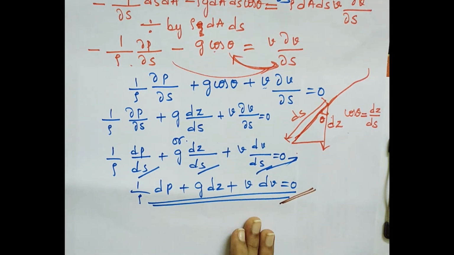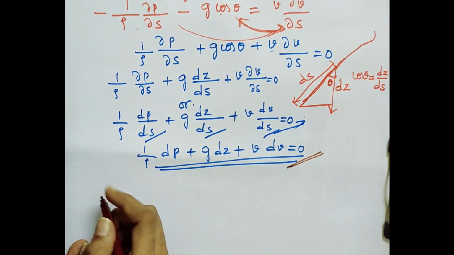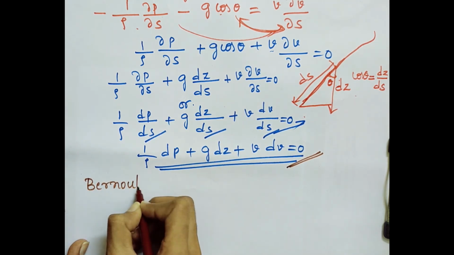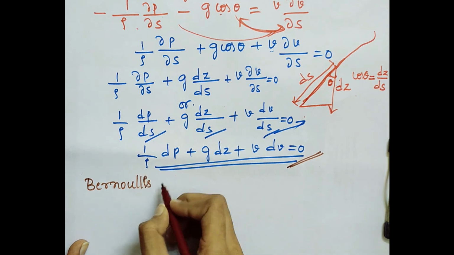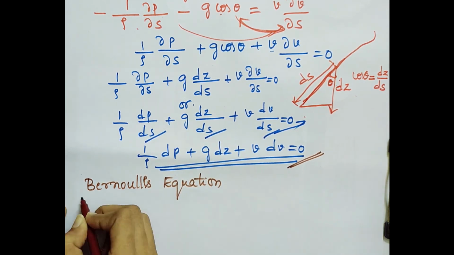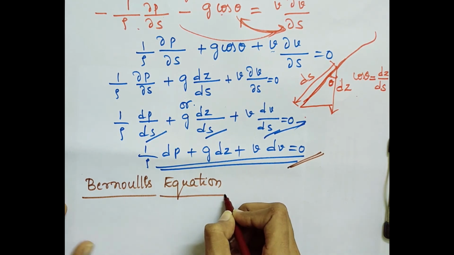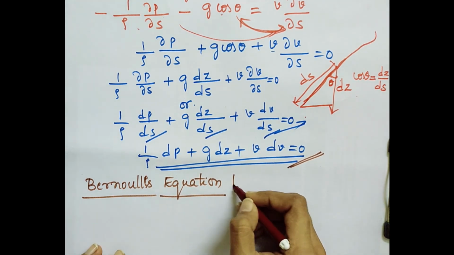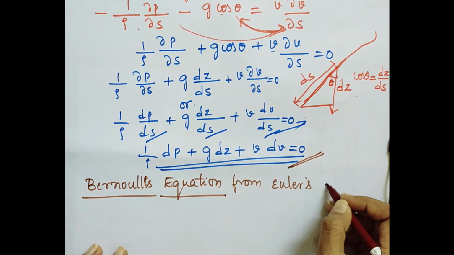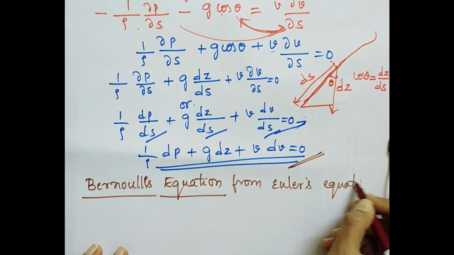After that, you have to use this Euler's equation to derive the Bernoulli's equation. So now we'll use this Euler's equation to obtain the Bernoulli's equation.